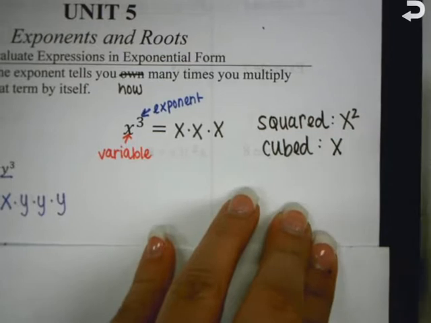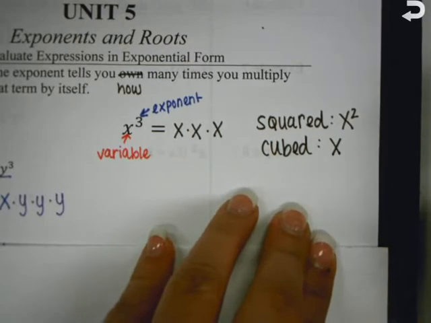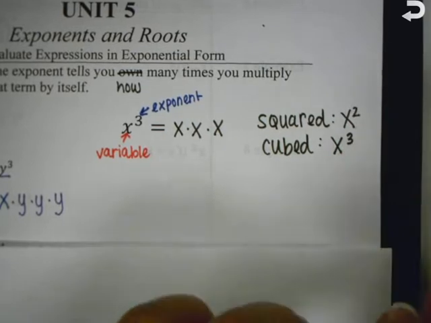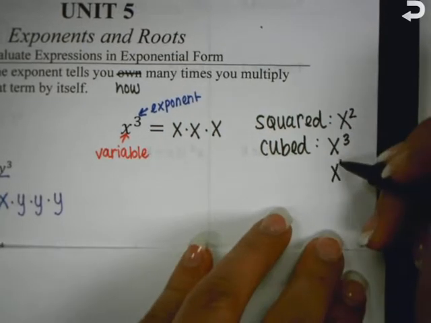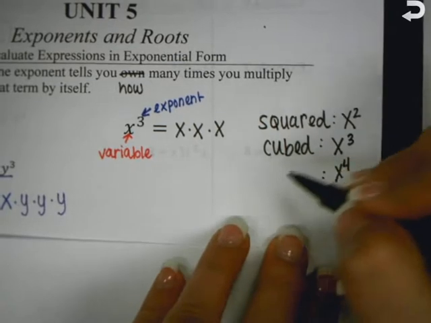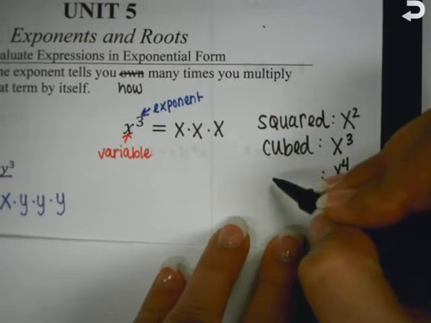What about x to the fourth? Is there a special name for that one? No, we would just call it power of 4, fourth power, or x to the fourth, and so on all the way down.